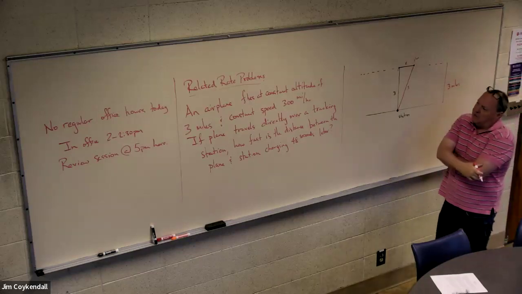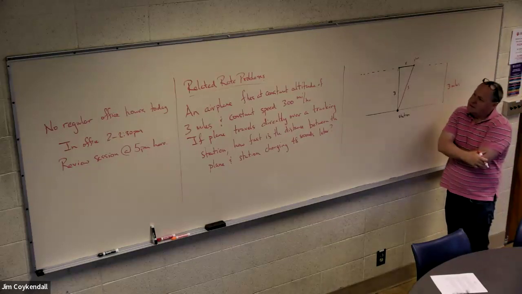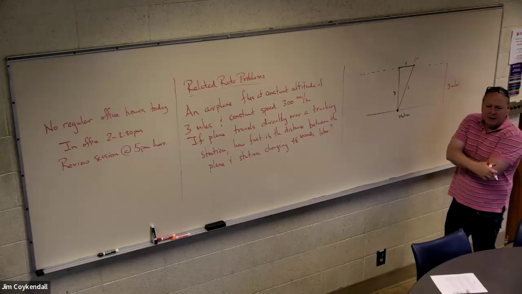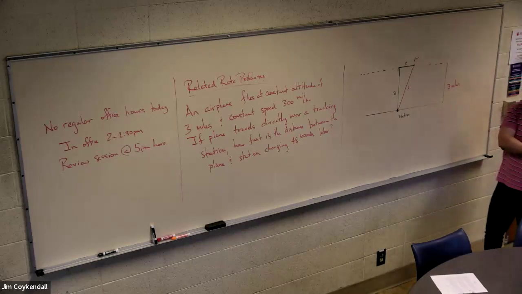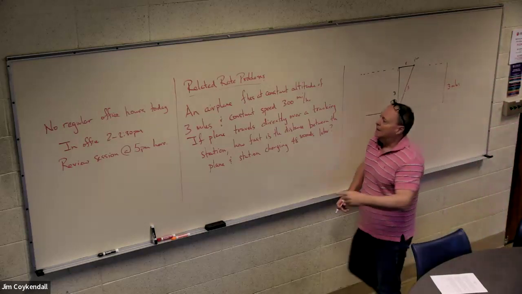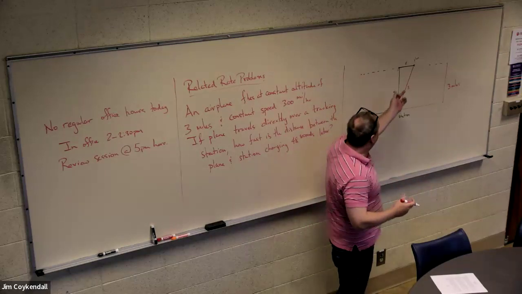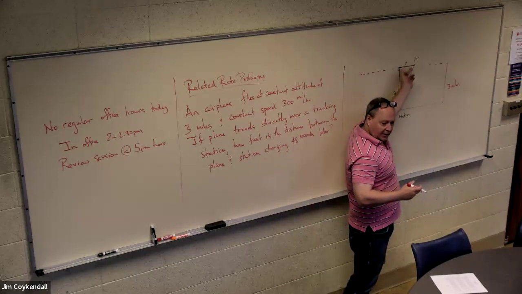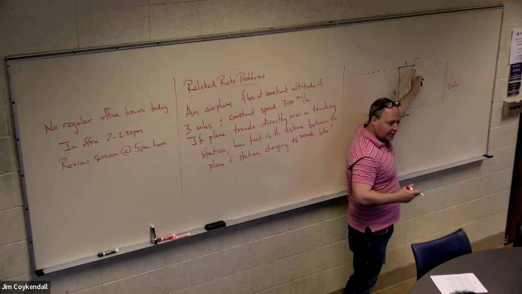I think I've captured the essence of most of what I want. The airplane flies at a constant altitude of 3 miles, I've got that covered. Constant speed of 300 miles an hour. What does that signify? That's the plane cruising, that's X changing at 300 miles per hour.